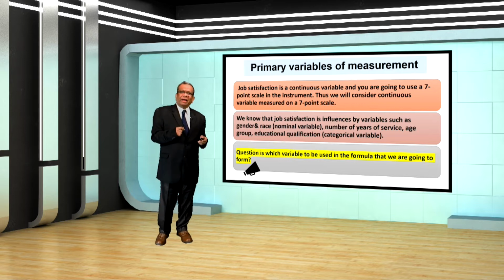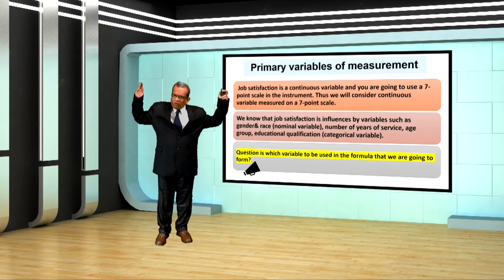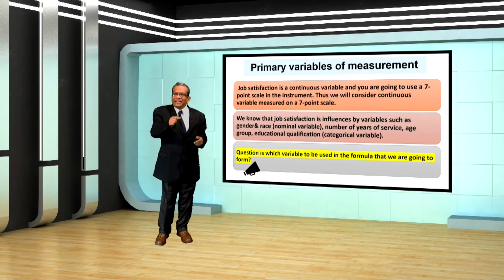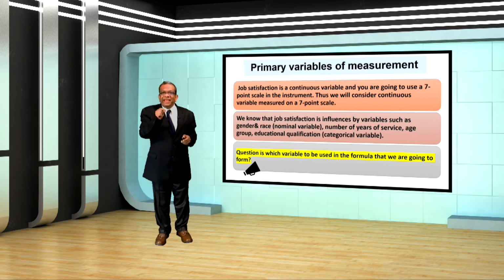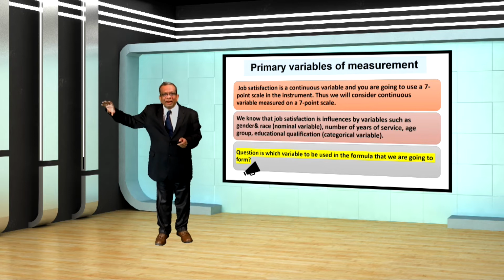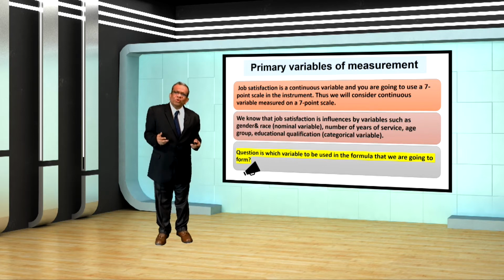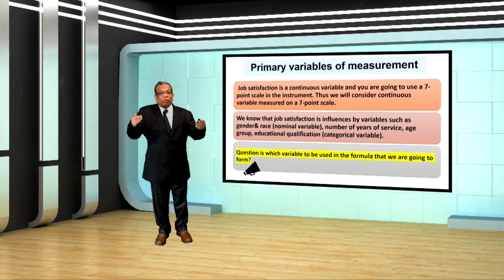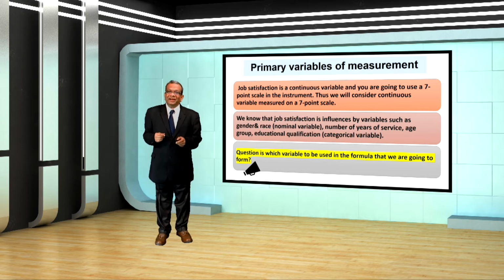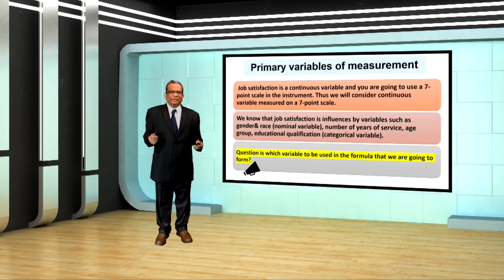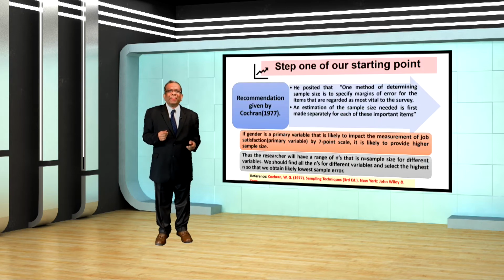Now, in a hypothetical formula, the sample size n is equal to some kind of formula. There should be some numerator and a denominator. We would like to know what should go into the numerator and what should come in the denominator. Therefore, what variable should I use in the formula?